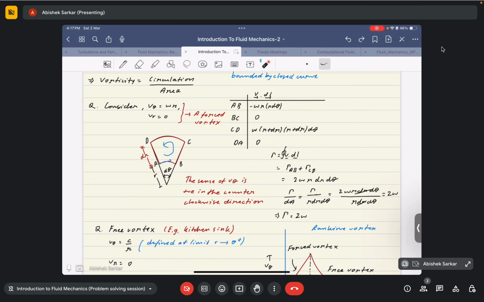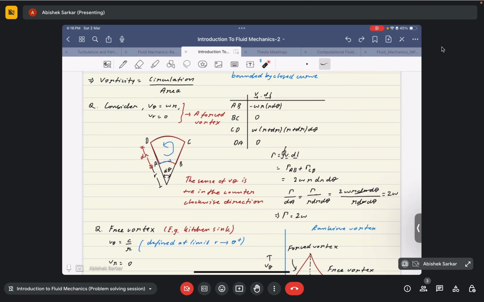Similarly for the line element BC, the interesting part is that this line element would encounter two velocity components, the angular component and the radial component.